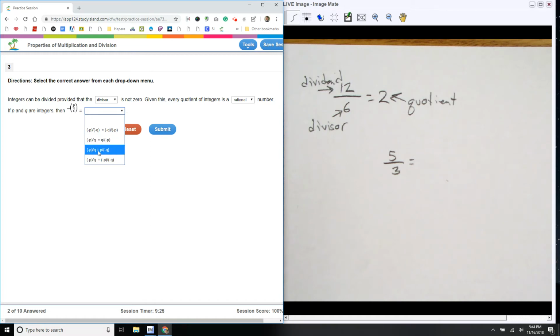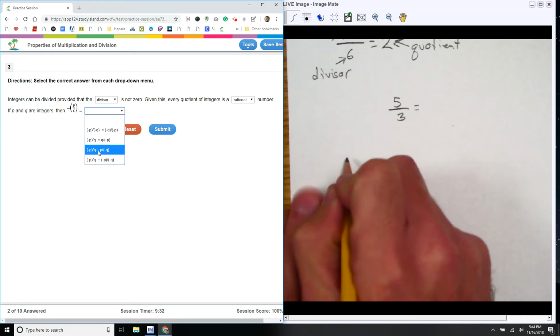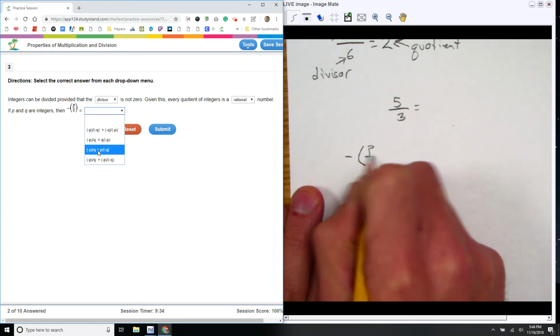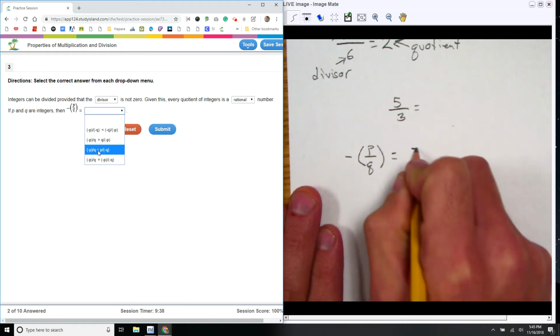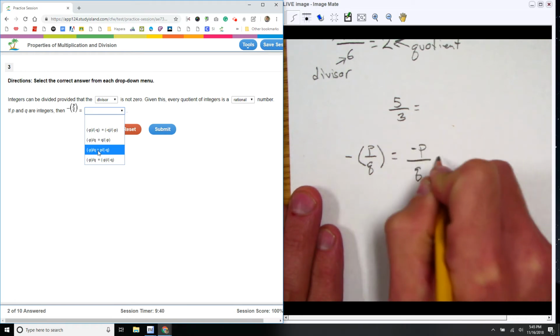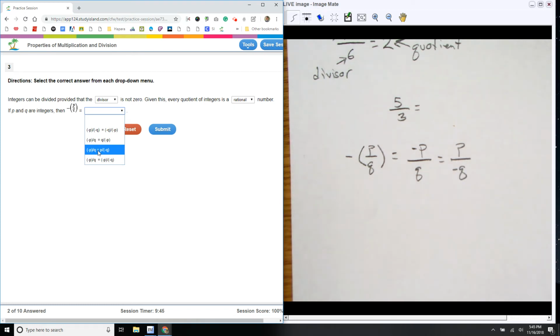Let's keep going. Negative p over q equals p over negative q. That's our answer. I'll write it a little bit more clearly so that we can see that. It's negative p over q is equal to negative p over q, which is equal to positive p over negative q. That's what's true.